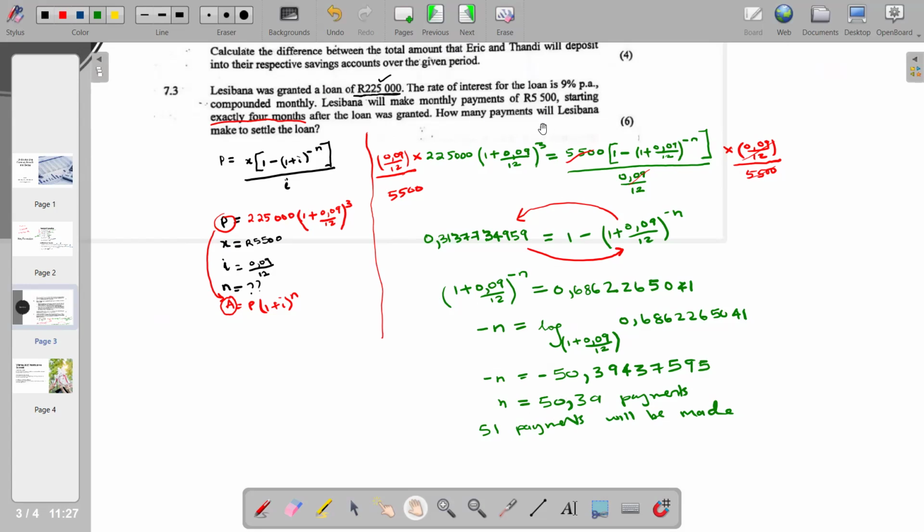Why? Because the last payment will be less than that. But in this case, the question just asks how many payments without specifying the size of the payment. So the answer is going to be 51 payments will be made, bearing in mind that the last payment will be less than 5,500 because it's a fraction, which is 0.39.